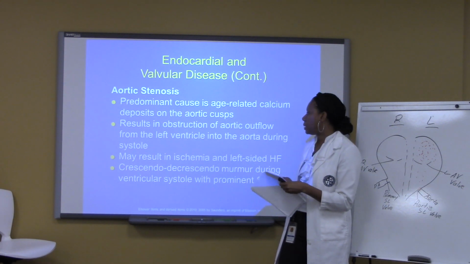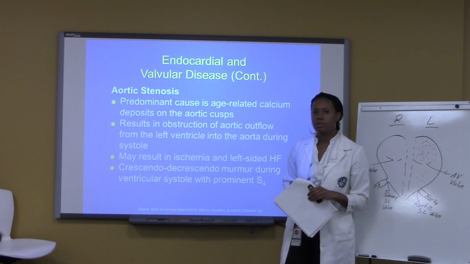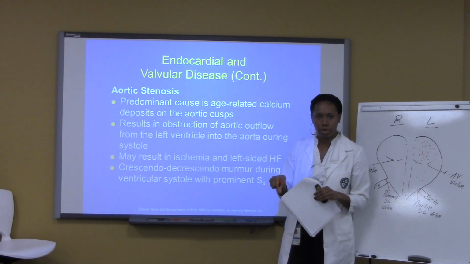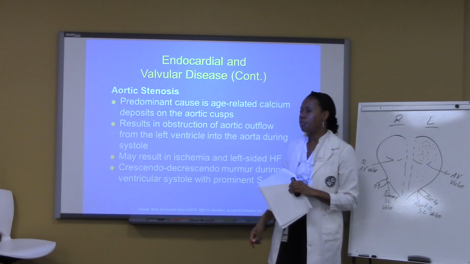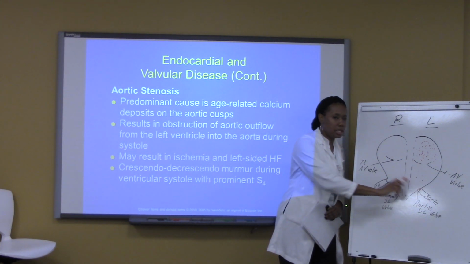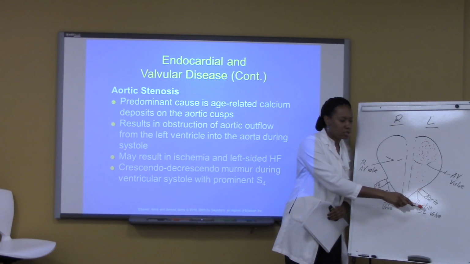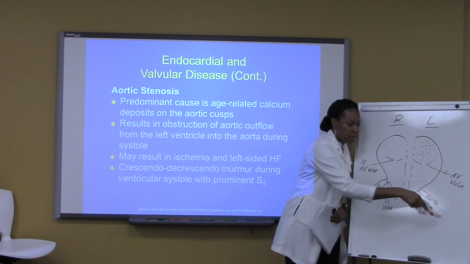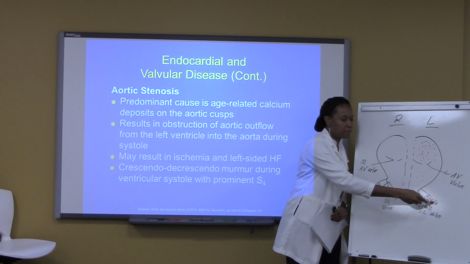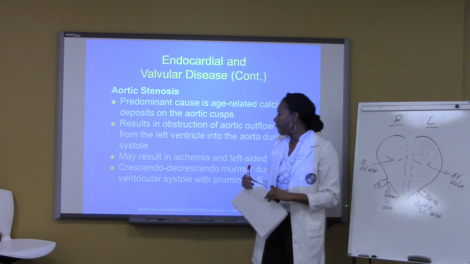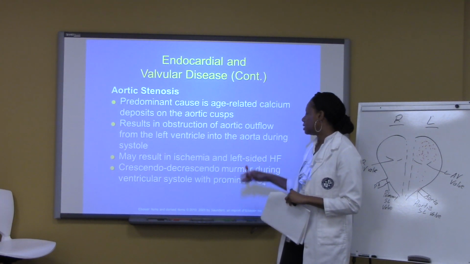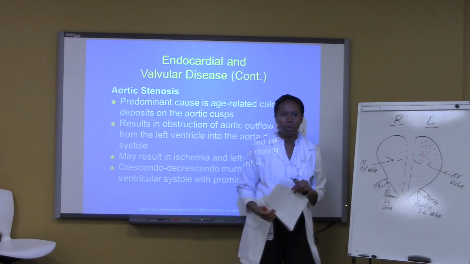When those calcium deposits sit there, obviously this will obstruct blood flow getting through the aorta. If we obstruct blood flow through the aorta, this will lead to an ischemic situation, which means all the organs that are supposed to get blood flow from the aorta will go into a state of ischemia. The other thing here is that this person can get left-sided heart failure. Why?